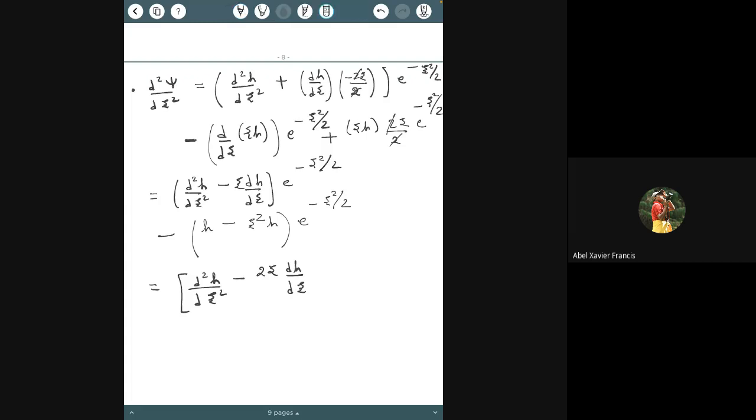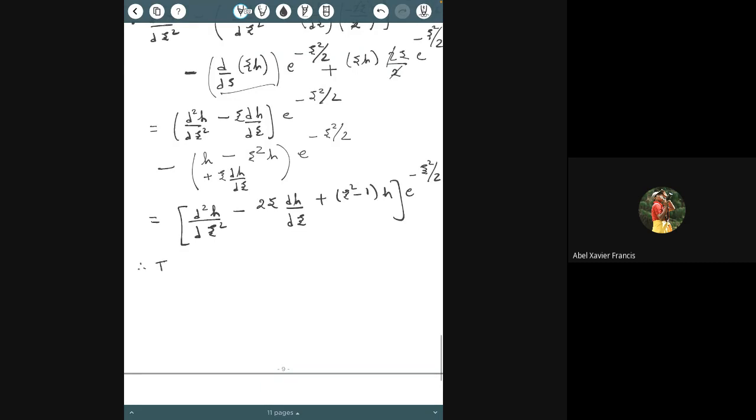So I missed a term here. Sorry. So when I do this, once I have h, I also have xi into dh d psi. Yeah, so then I'll get 2 over here. Plus xi square minus 1 h e to the power minus xi square by 2. Okay.